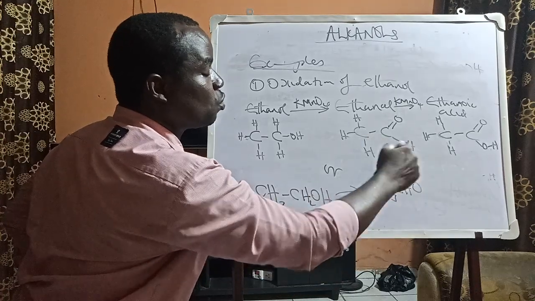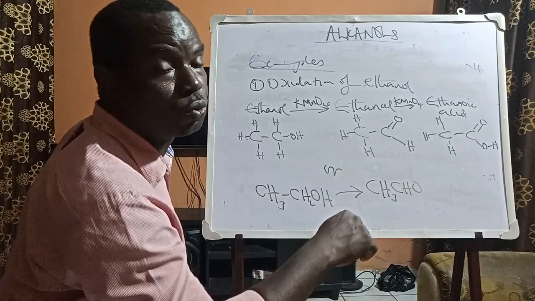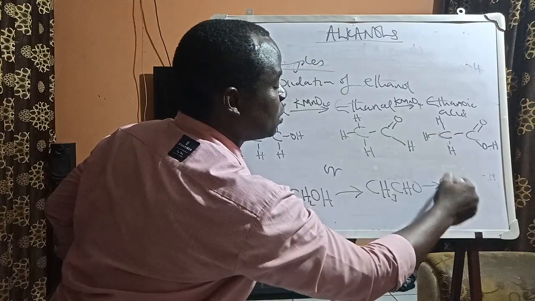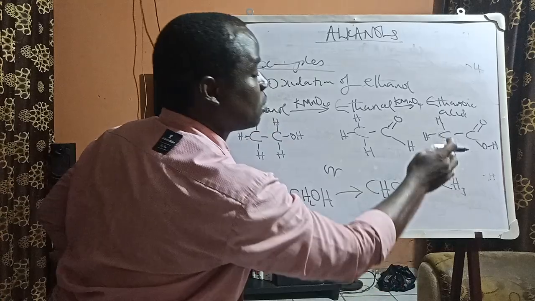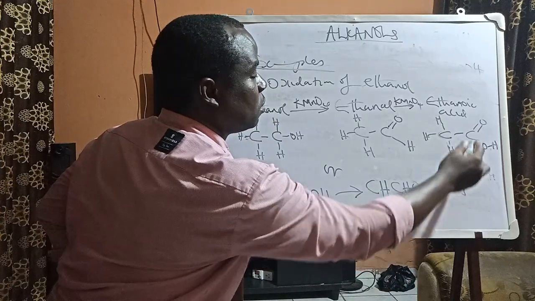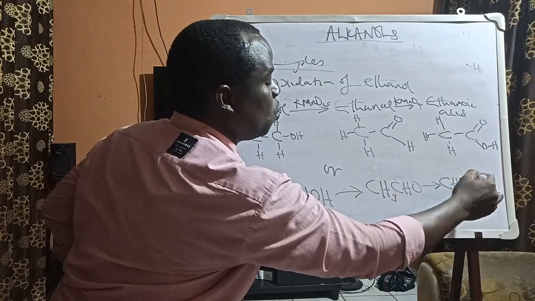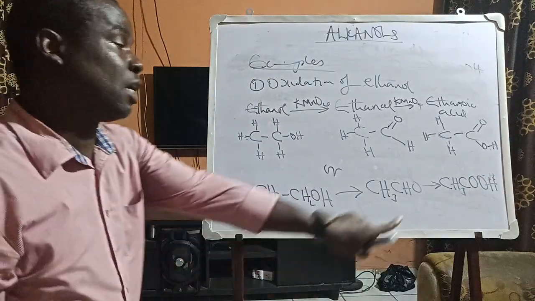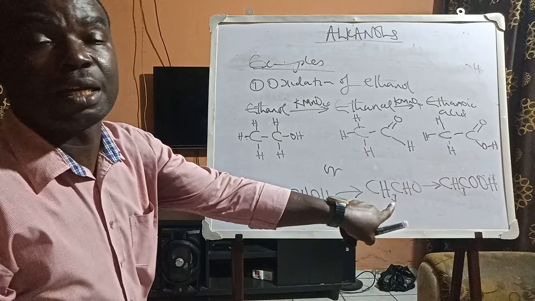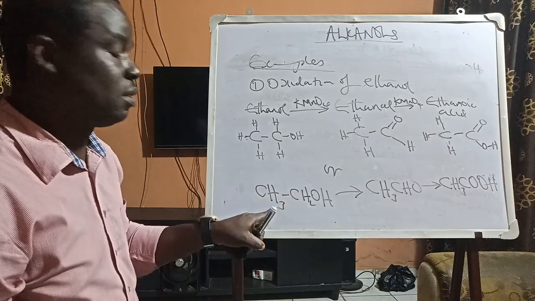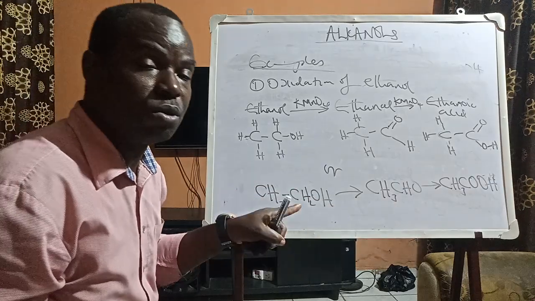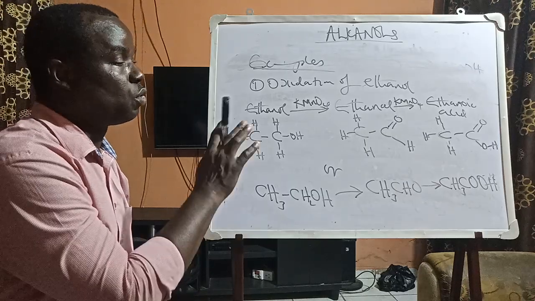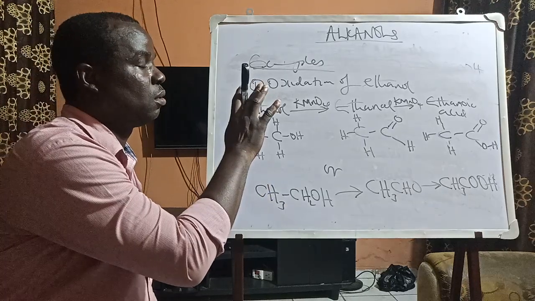This CO, this H, you write it as CHO. Then this one will now be CH3COOH. This one is ethanoic acid. This one is ethanal. This one is ethanol. All right, that is oxidation of ethanol.